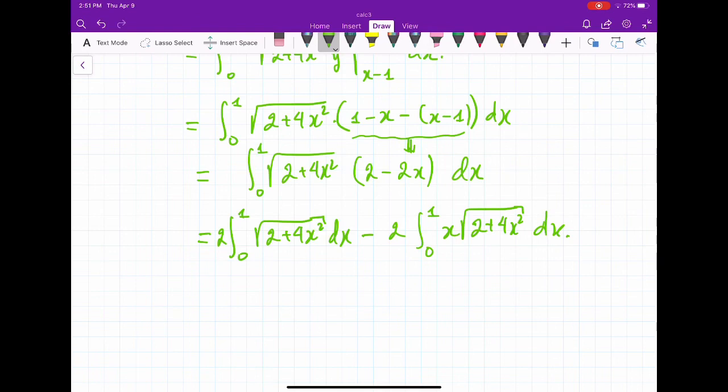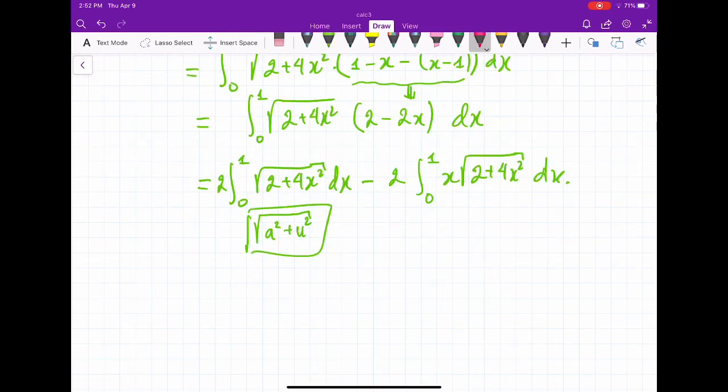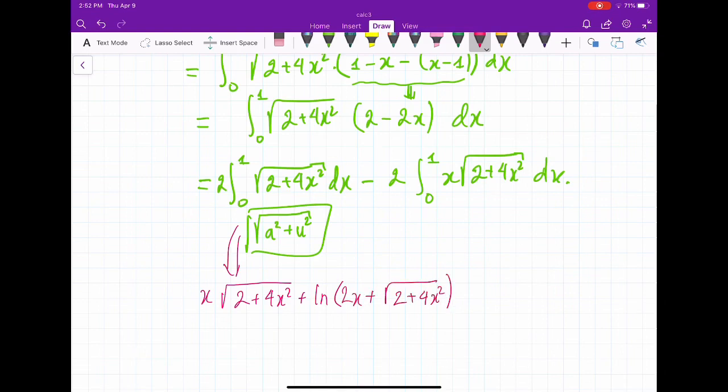This is the integral of square root of a squared plus u squared. We need to check the integration tables. So this is equal to x square root of 2 plus 4x squared plus ln of 2x plus square root of 2 plus 4x squared.